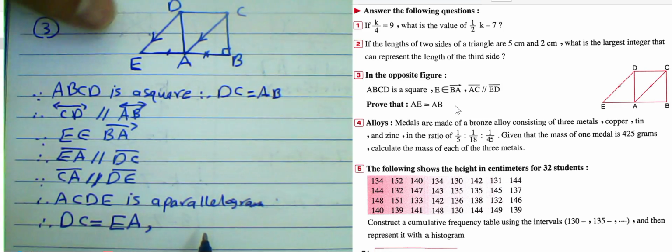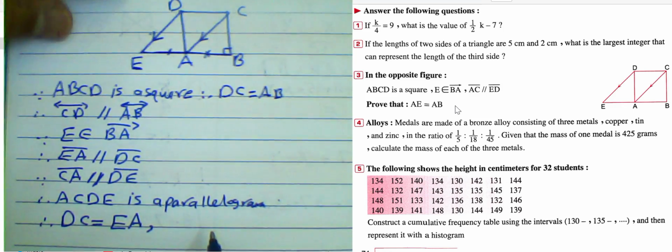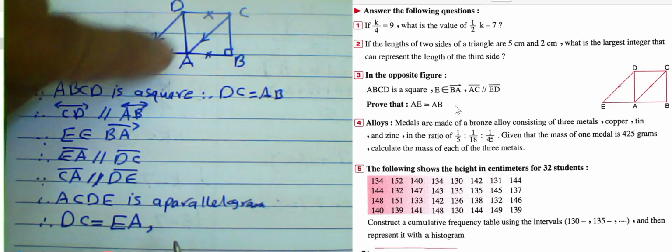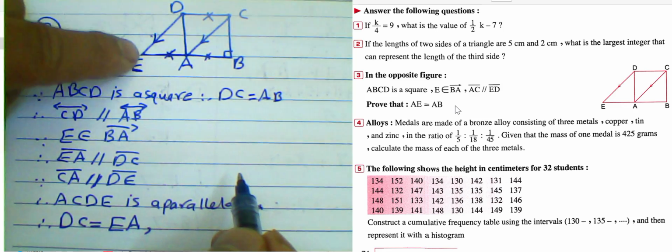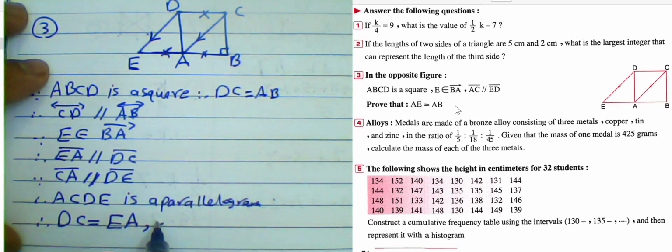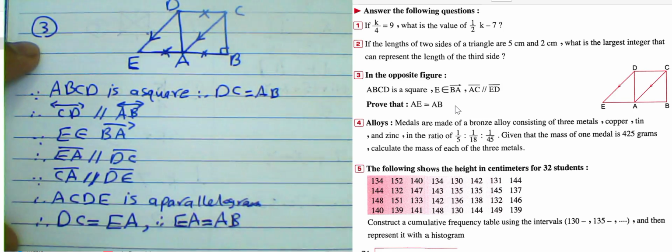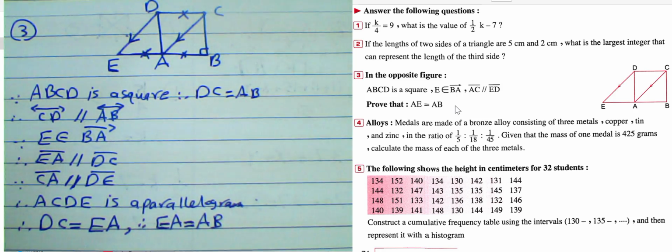We know all sides are equal lengths in a square. This side equals this side. And we prove that DC equal EA, then EA will be equal AB. Then they are equivalent. Okay, understood?